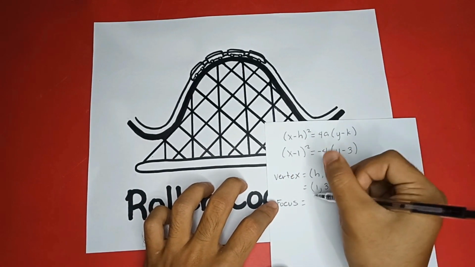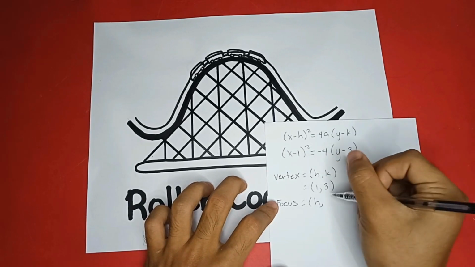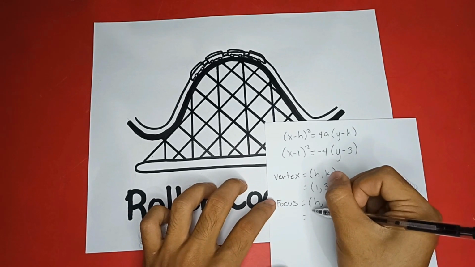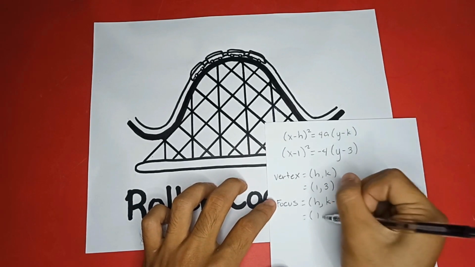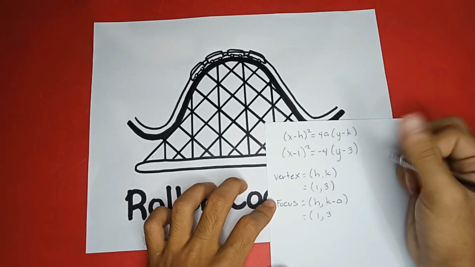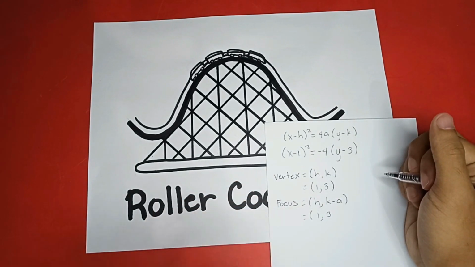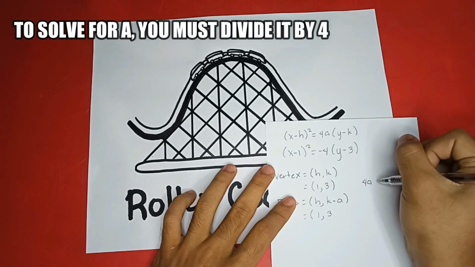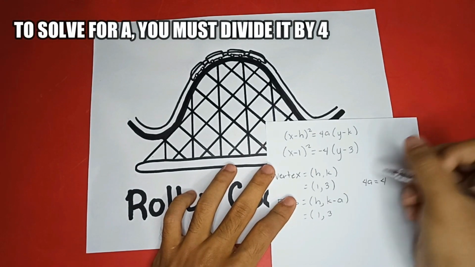Our equation is (h, k - a). Our h is 1 and our k is 3, and for a, we're going to first solve for a. 4a equals 4.